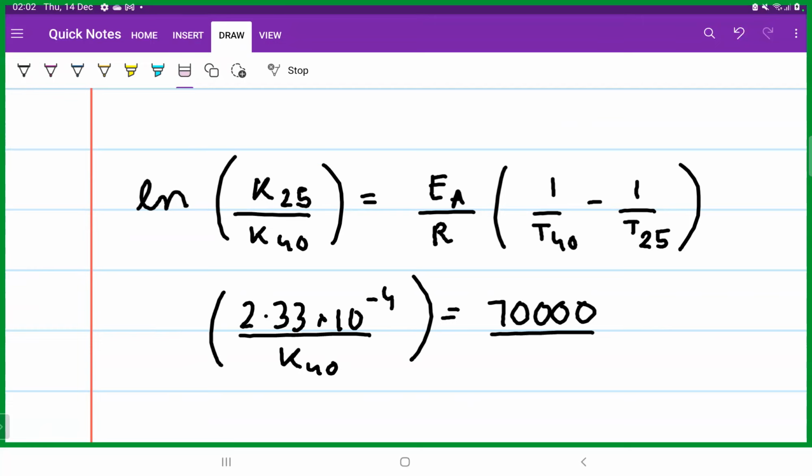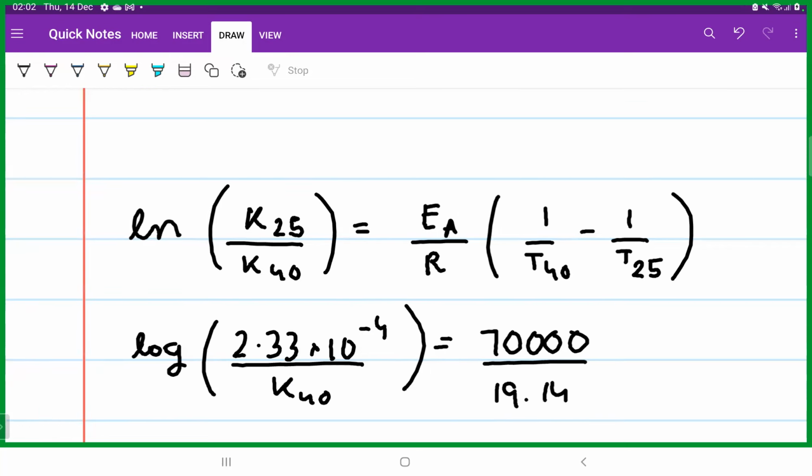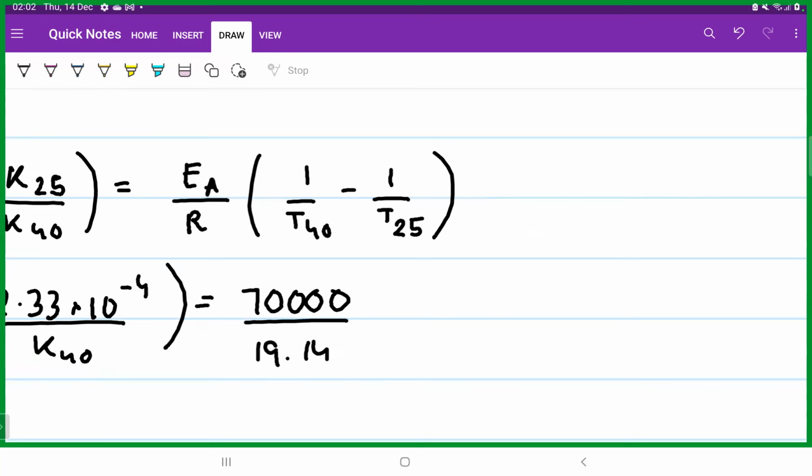Okay, let's do one thing. Let's convert this natural log to log, because that is easier to calculate, I feel. So this one will become 19.14. Now after we multiply 2.303 with 8.314, this is what we get, and this will become 1 by 273 plus 40 is 313 minus 1 by 298, right?